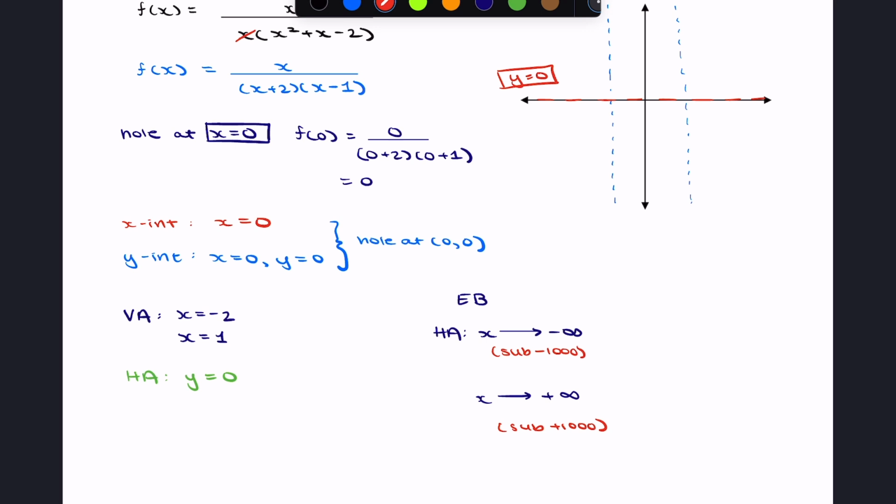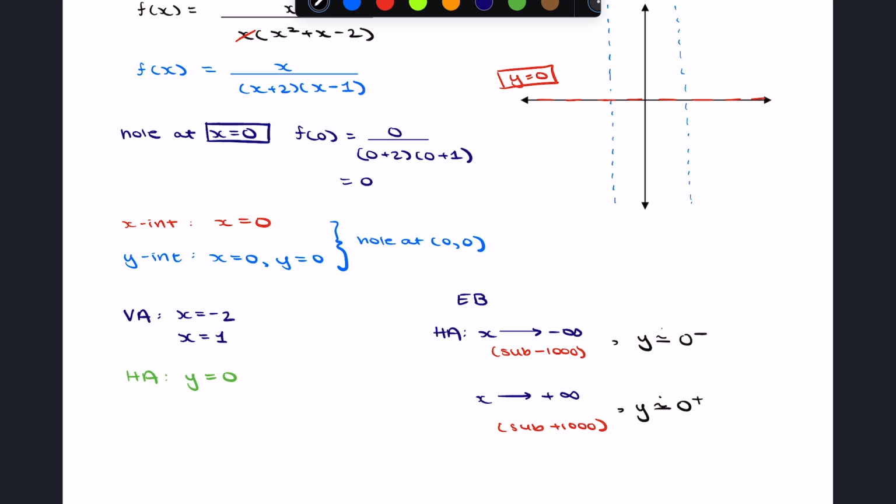And we see here when we sub in x is equal to -1000, we'll get a value that is very, very close to 0, but it's slightly below. So here we'll indicate it as 0 negative for the y value. Then when we sub in positive 1000, we get a y value that's very close to 0.